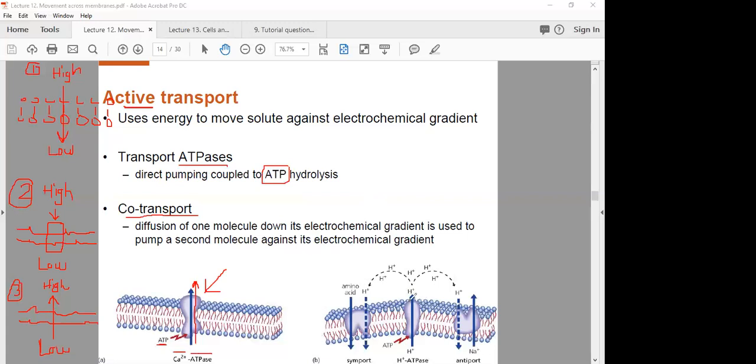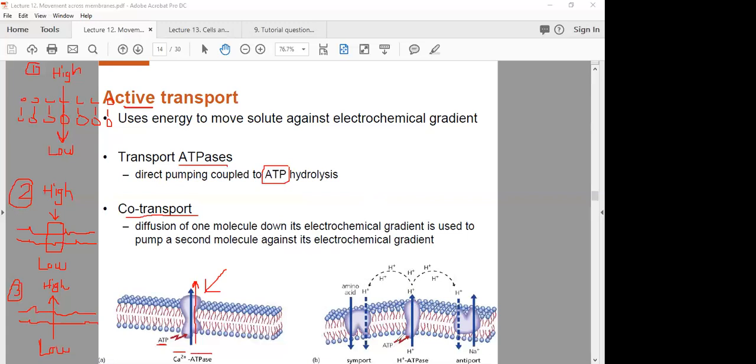All right, so let's start here with another type of ATPase, and this is a proton ATPase. So obviously this is a membrane transporter that actively pumps protons against the proton concentration gradient. In other words, from low to high.